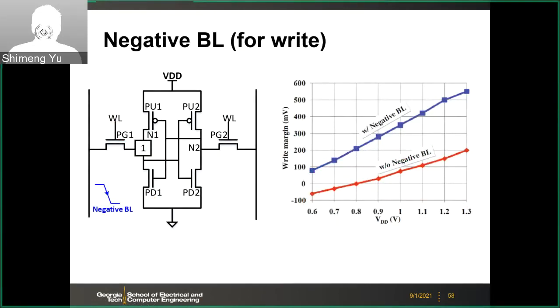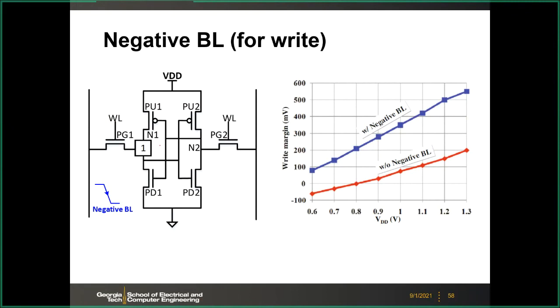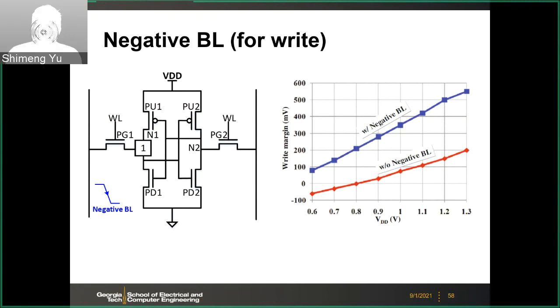And then for the write operation, what you can do is to have a negative bitline pulse. Because the write operation, in this example, I think we flip the N1 and N2. So this used to be your N2 in previous examples. So basically, you want to flip the 1 to 0. And as we discussed, for those 2 transistors, right, you want PG1 to be stronger than PU1. So one way to make PG1 stronger is to bias the bitline to be negative.